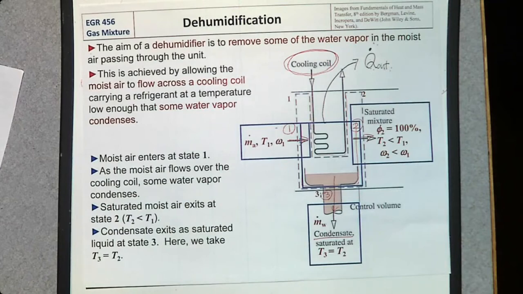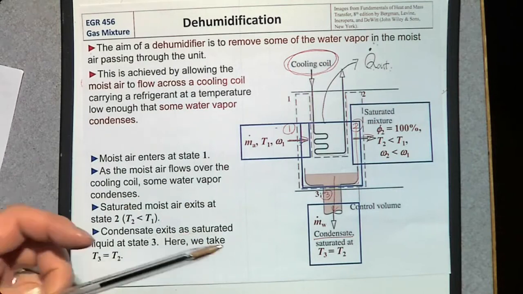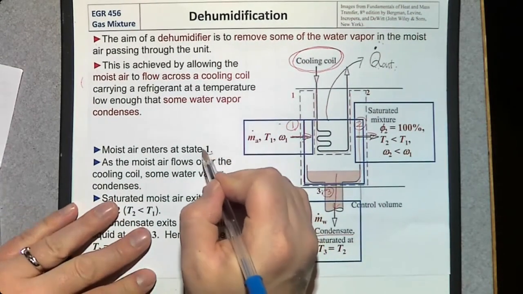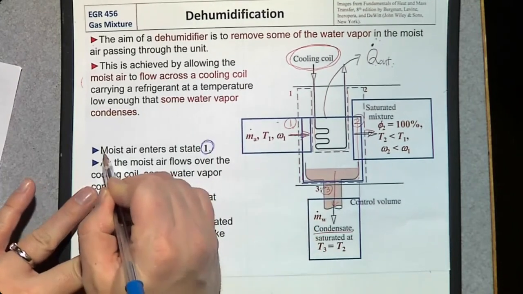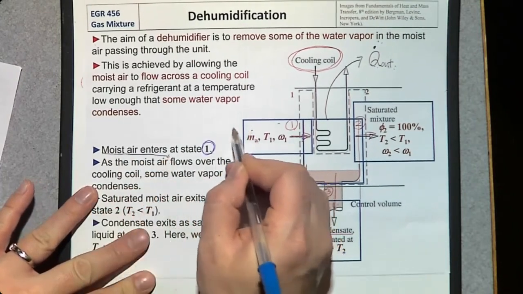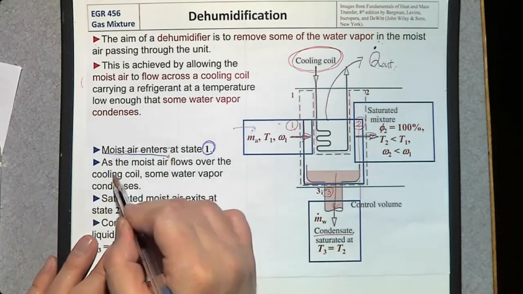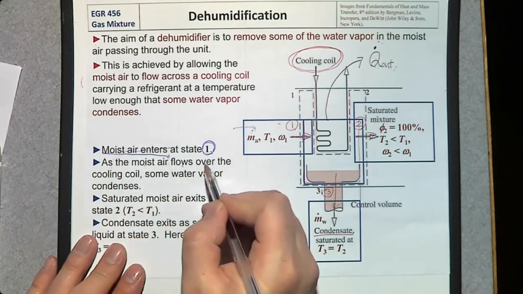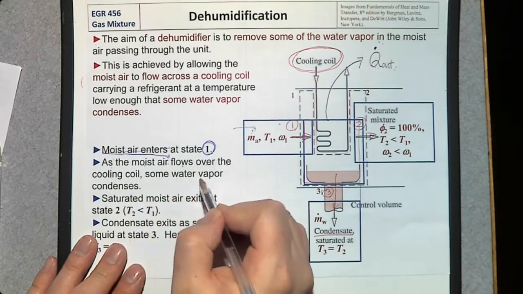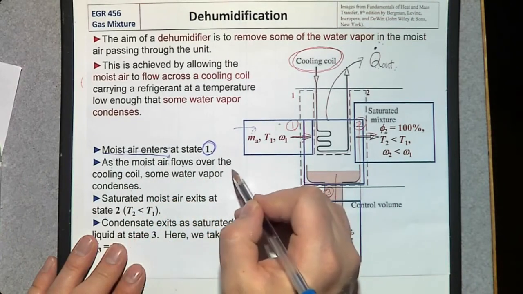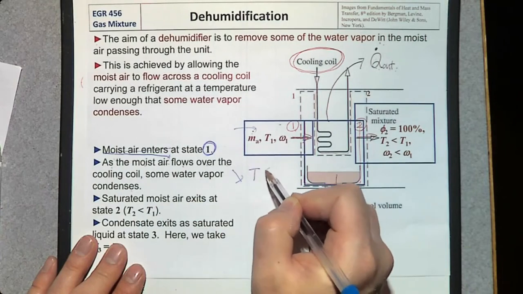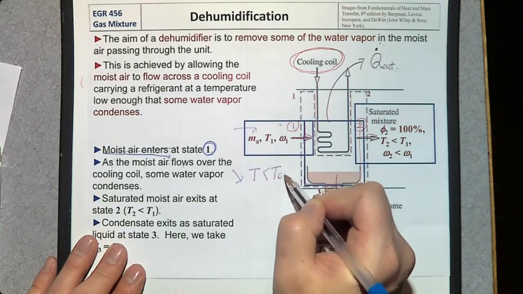To solve this dehumidifier by energy balance equation, we need to make some assumptions. The first of them is that at the inlet number 1, moist air enters. If dry air enters, there's no condensate, so it is simple to understand. As the moist air flows over the cooling coil, some water vapor condenses because the temperature goes below the dew point temperature.